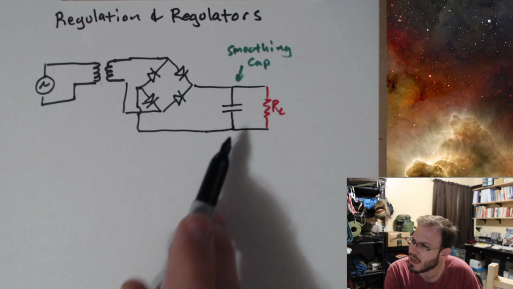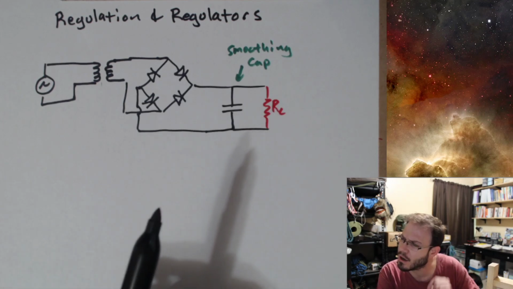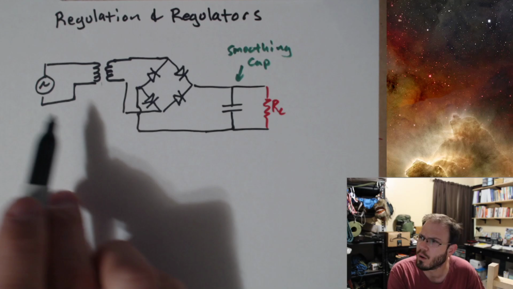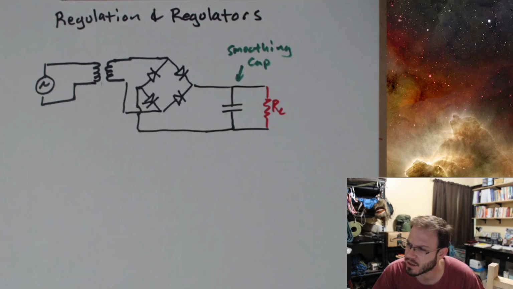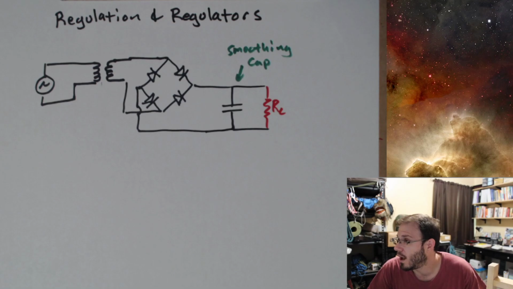And there's really nothing that's going to maintain a constant voltage here. So if you've ever been in your house and your AC kicks on, your lights dim, right? Or your wires are a little longer than usual, your voltage is going to sag.